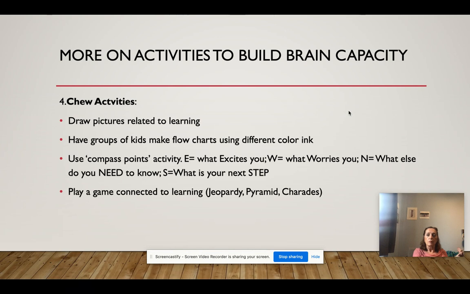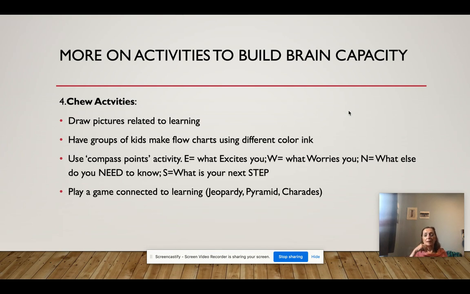W, what worries you. N, what else do you need to know about this? And S, what are our next steps with this learning? So the compass points of north, south, east, west mean different things. You could have them around the room, and kids go around and put sticky notes on them. So you can use them at different times.